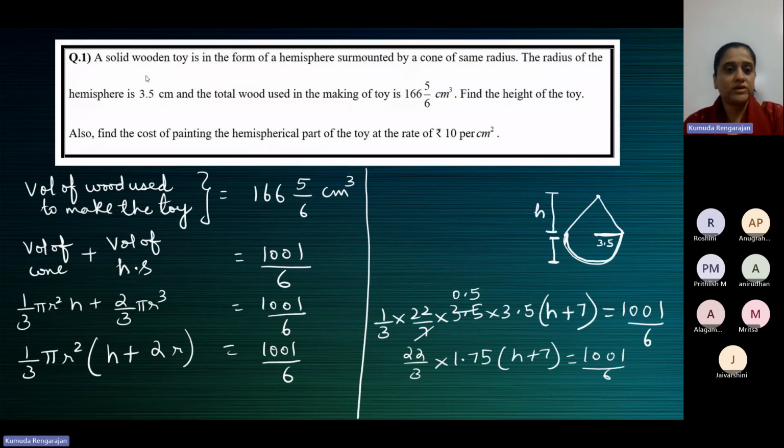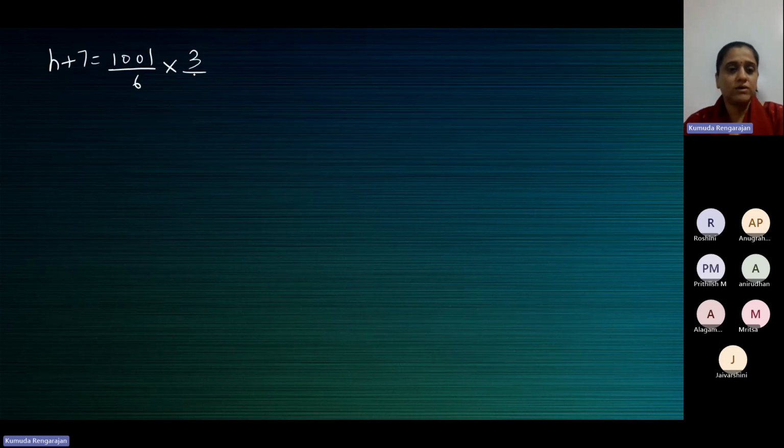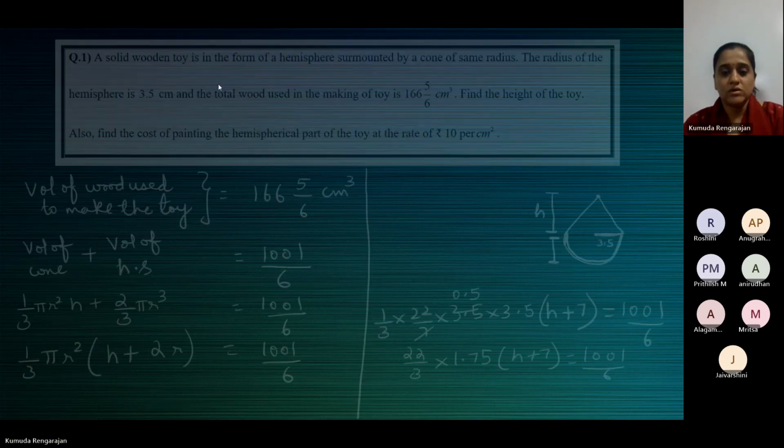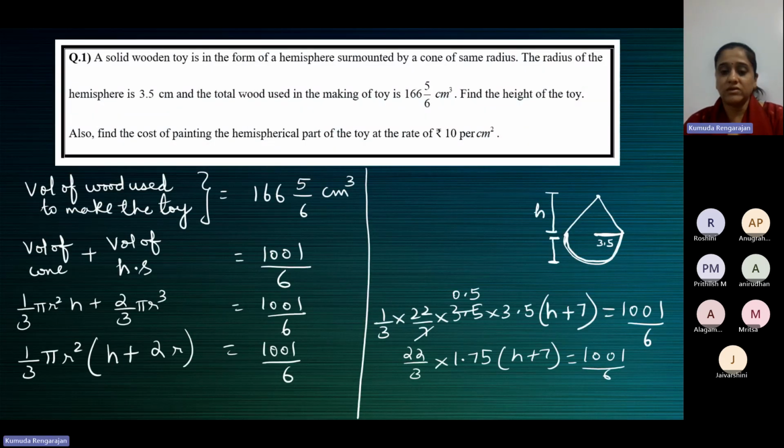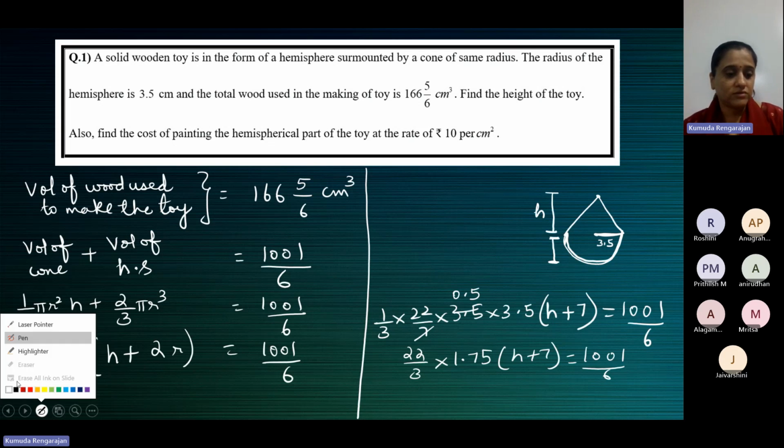So H plus 7 is equal to 1001 by 6 into 3 by 22 into 1 by 1.75. And this is 1.75. Let me write it as 175 by 100.